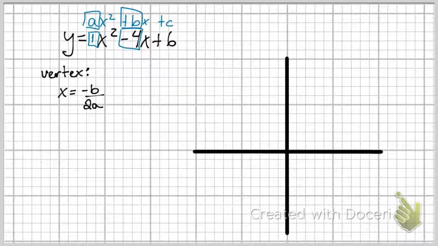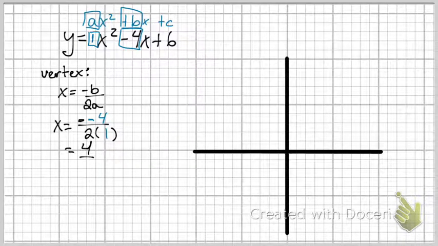So when we plug our numbers in, we have a negative of -4 divided by 2 times a, which was 1. We simplify that, so negative of -4 would be positive 4. 2 times 1 is 2. 4 divided by 2 is 2.